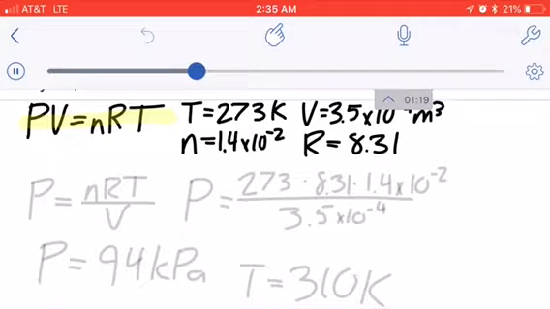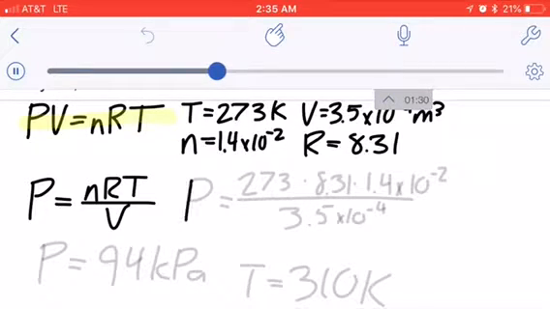Alright, so we can rearrange our equation to have P all by itself on the left side by dividing each side by the volume.